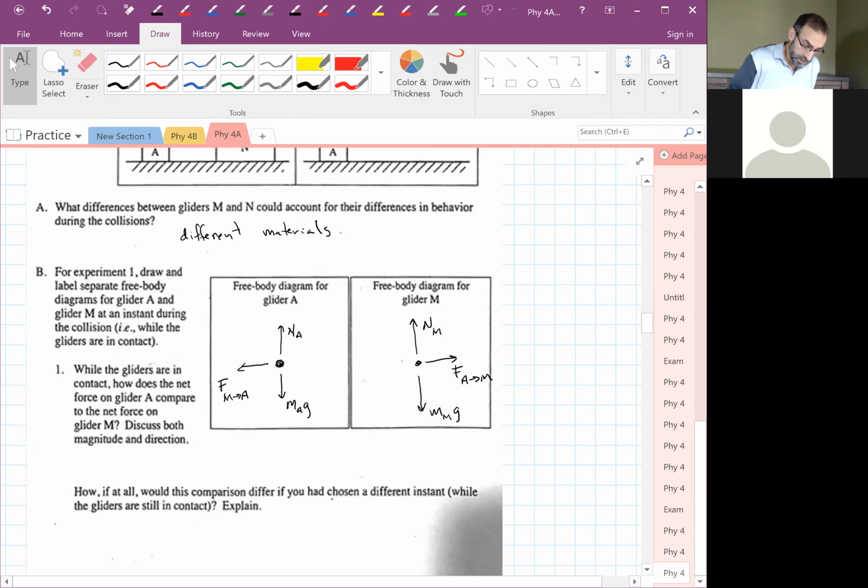So to answer this question here, F net on glider A is always equal and opposite F net on M. Okay.